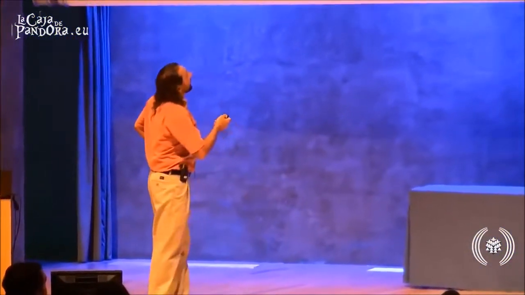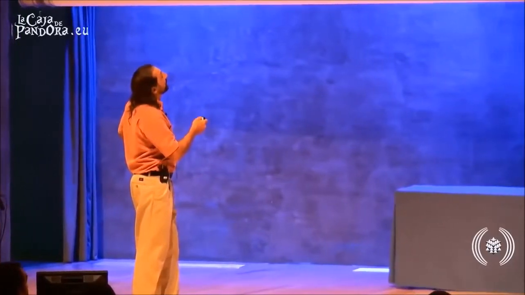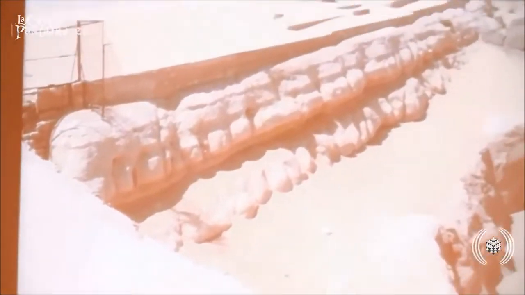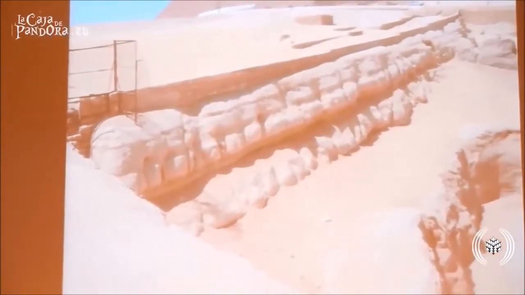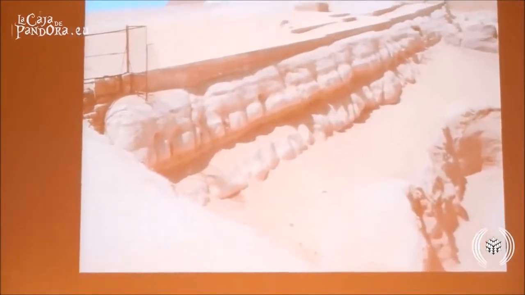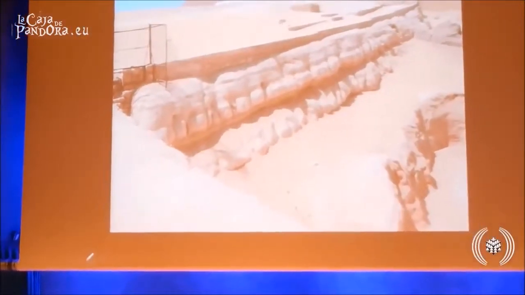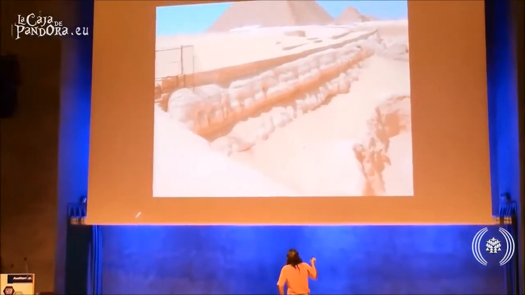Now, if you look at the enclosure of the Sphinx, there's actually water erosion there. And the excellent work of researchers such as Dr. Shaw and Graham Hancock, but John Anthony West showed that this is actually water erosion.